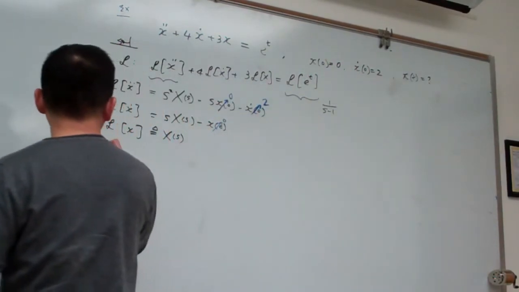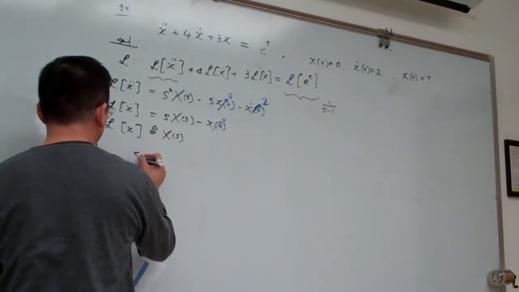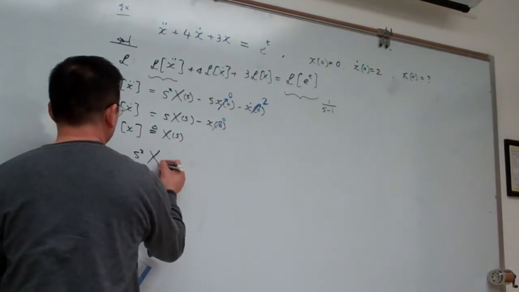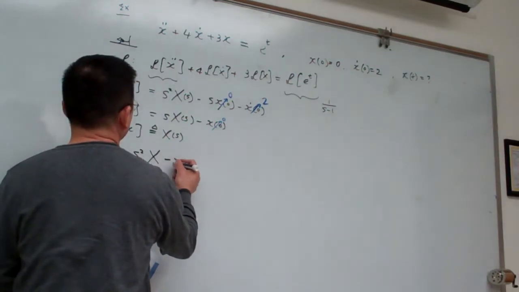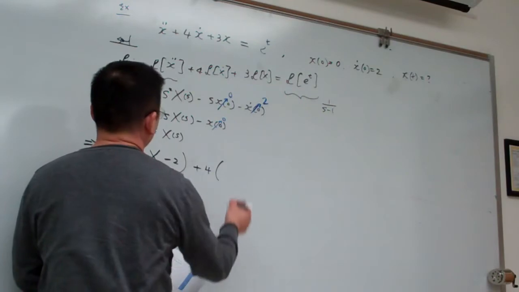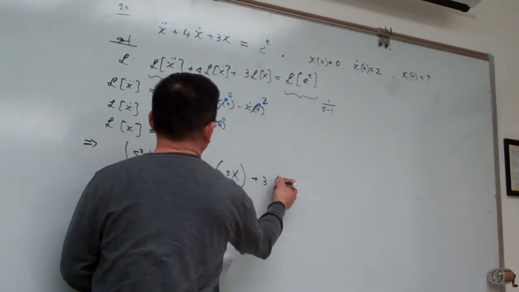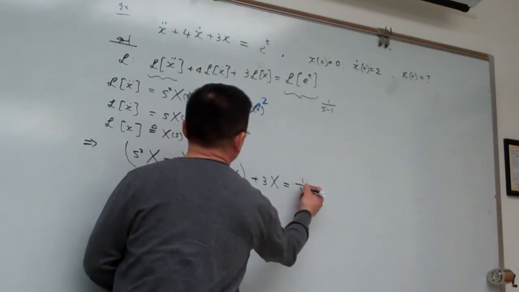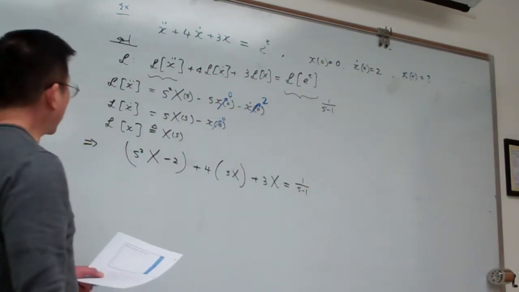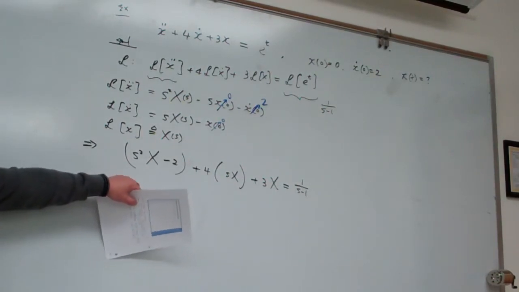So therefore, we arrange everything together carefully. That becomes s squared X minus 2, plus 4sX, plus 3X, equal to 1 over s minus 1. Okay, so here I have introduced the initial conditions and put them into place.